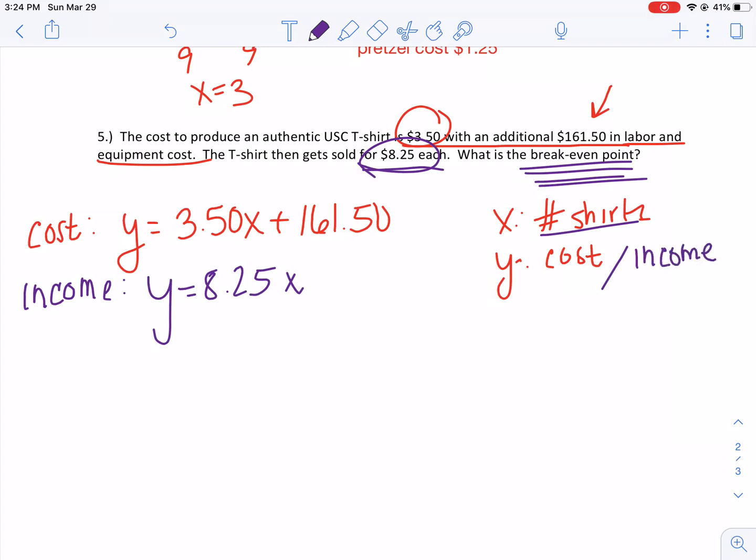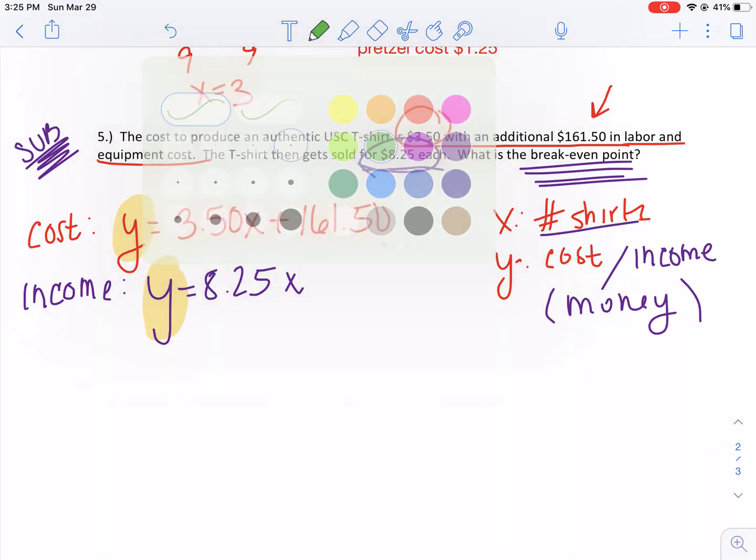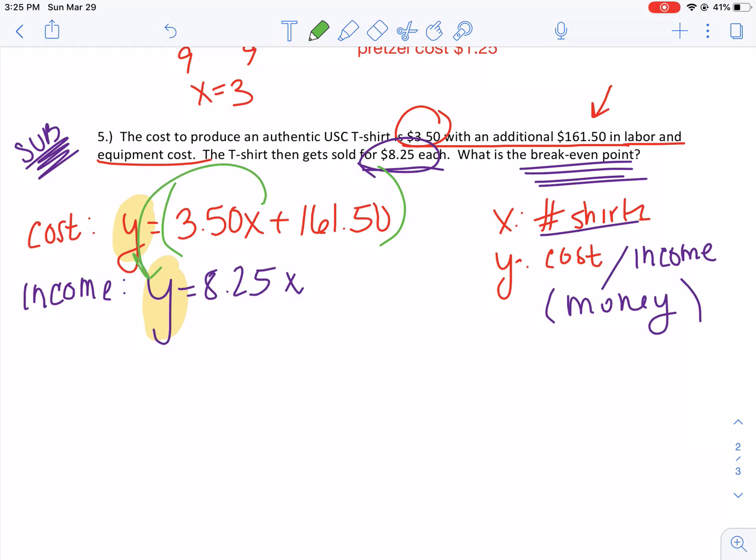And it can be both. Sometimes we just call it money. All right, so if I see this system, I hopefully will hear all of you saying, use substitution to solve, because they're both set up y equals. When they're both set up y equals, we essentially just set them equal to one another, which is really substituting this expression in for this y.